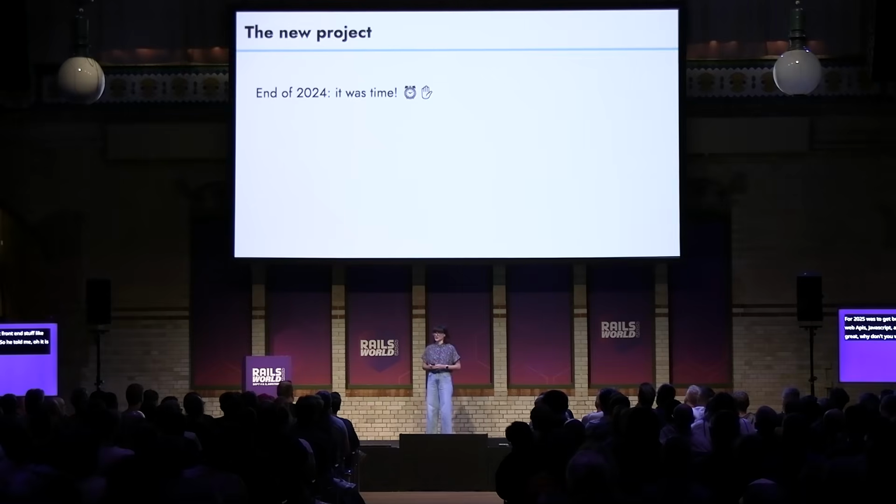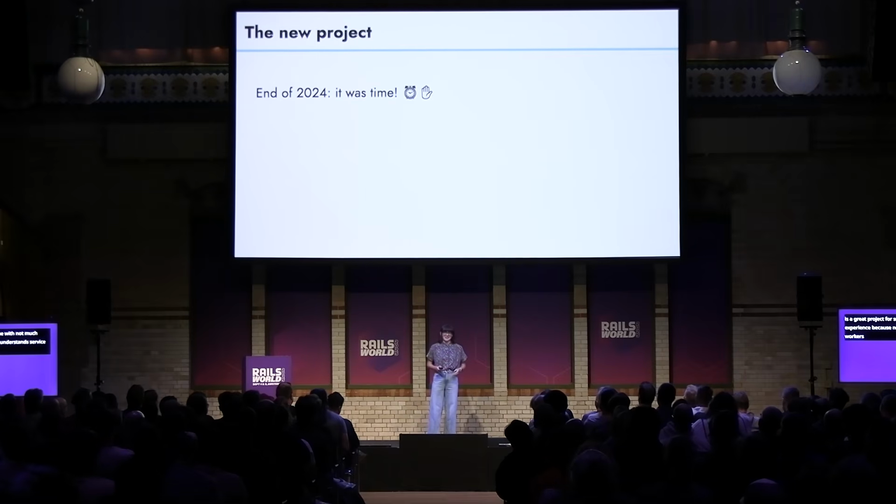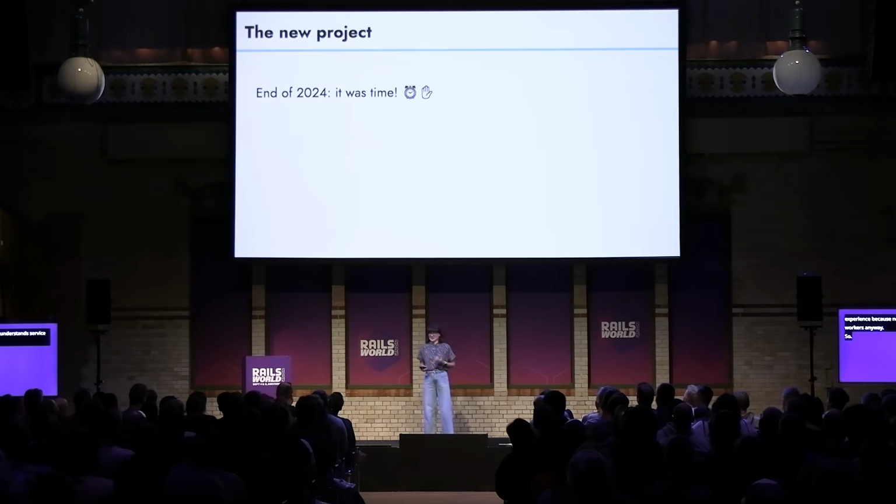So he told me, oh, that's great. Why don't you work on adding offline support to Hotwire using service workers? This is a great project for someone with not much experience because nobody understands service workers anyway. So I didn't suspect anything, and now I know better.